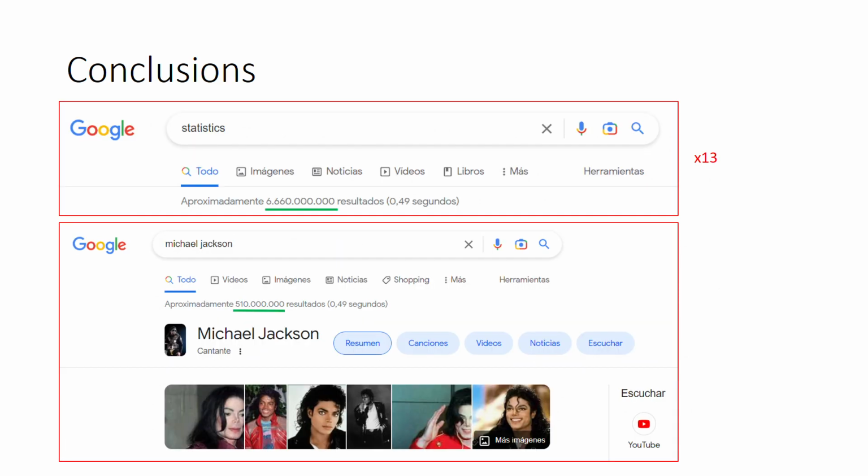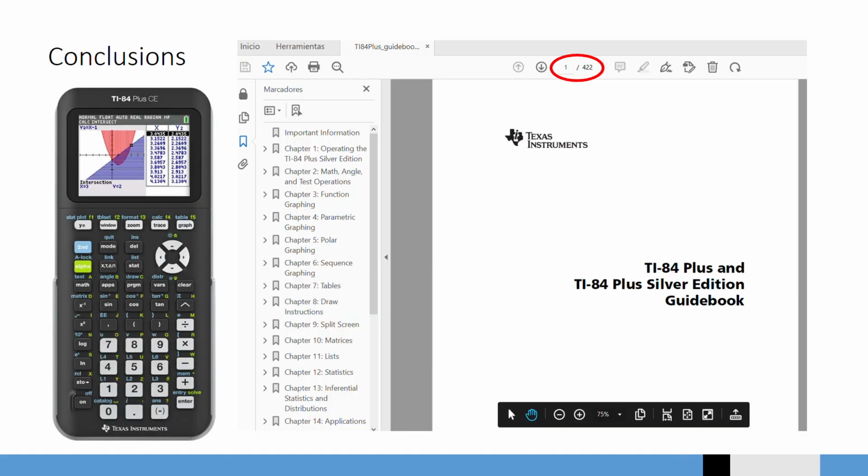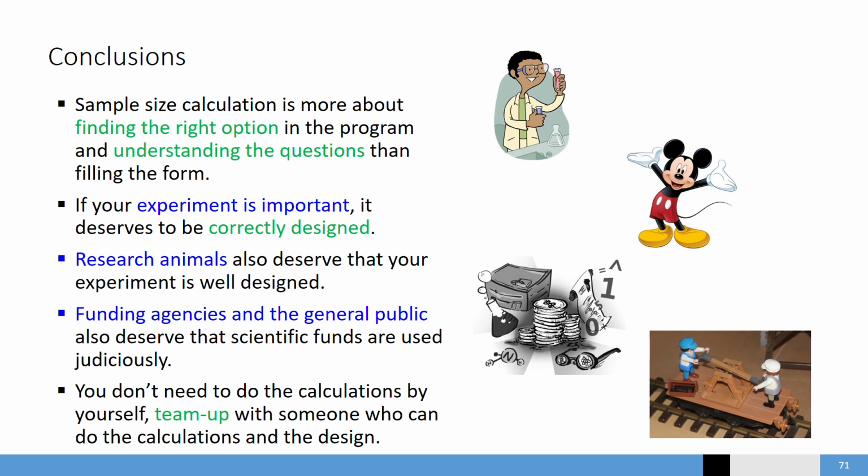With this, I would finish this short presentation, and I would really encourage you to team up with someone who knows how to use this calculator, or if you want to learn yourself, you are more than welcome to do it, but be aware that it is something very powerful, you will enjoy it a lot, but it is also a very large calculator. So if you want to use it right, you will have to learn how to use it. That will be all.